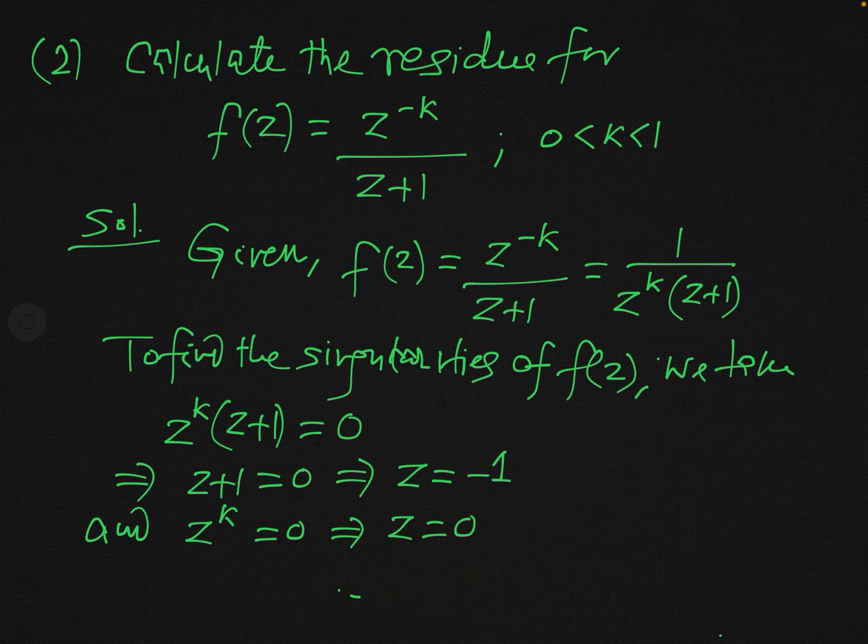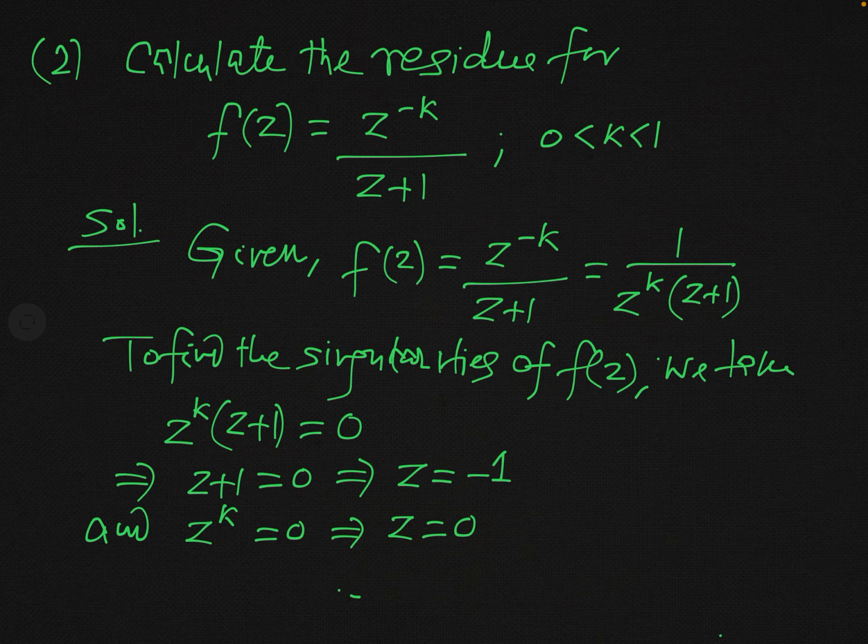Now again, to find the singularity of this function f of z, we will simply equate the denominator to 0. So let us take z to the power k into z plus 1 equal to 0, and so this will again have two solutions. We can take z plus 1 equal to 0, and if z plus 1 is 0, then z will be simply minus 1.